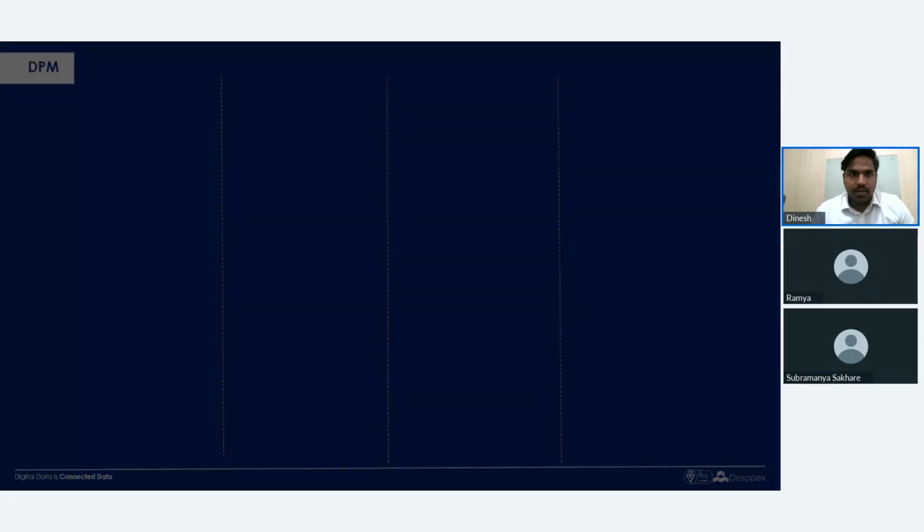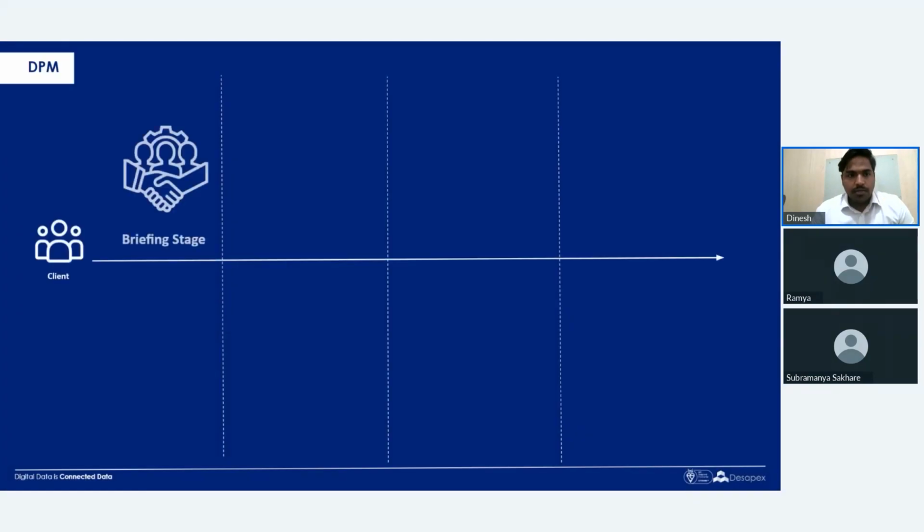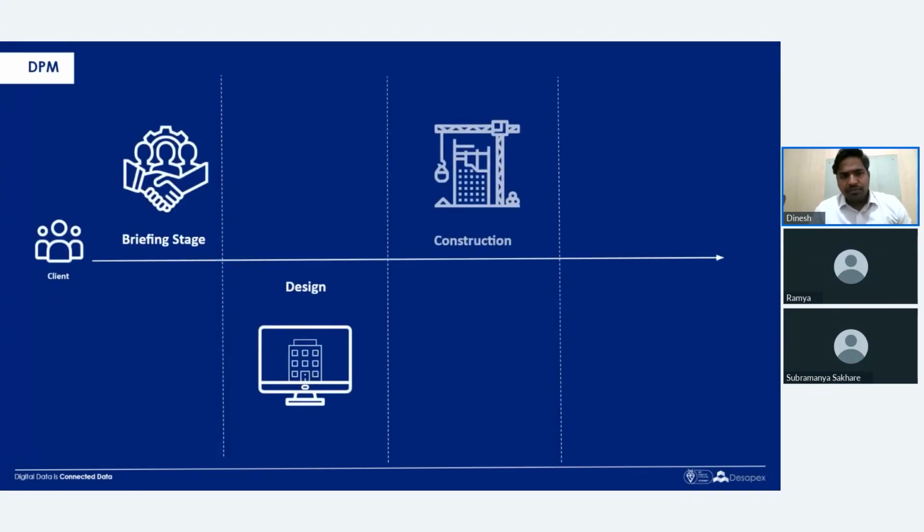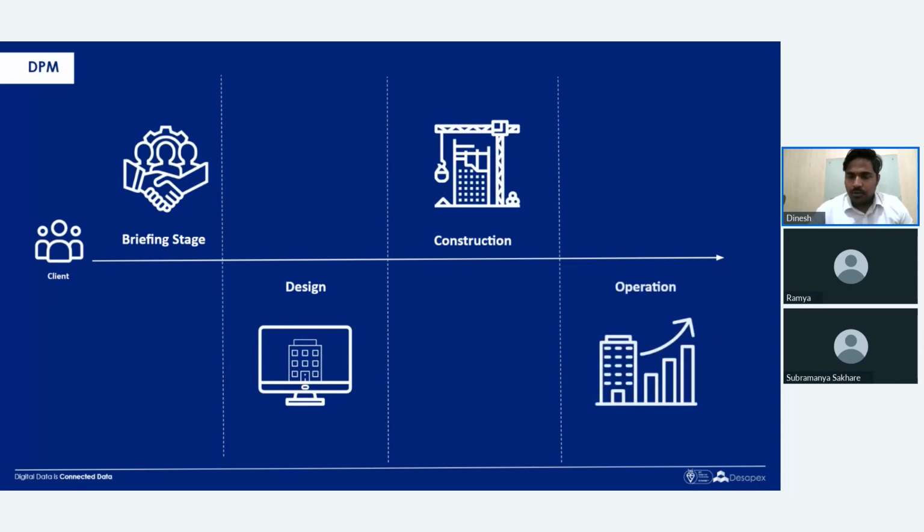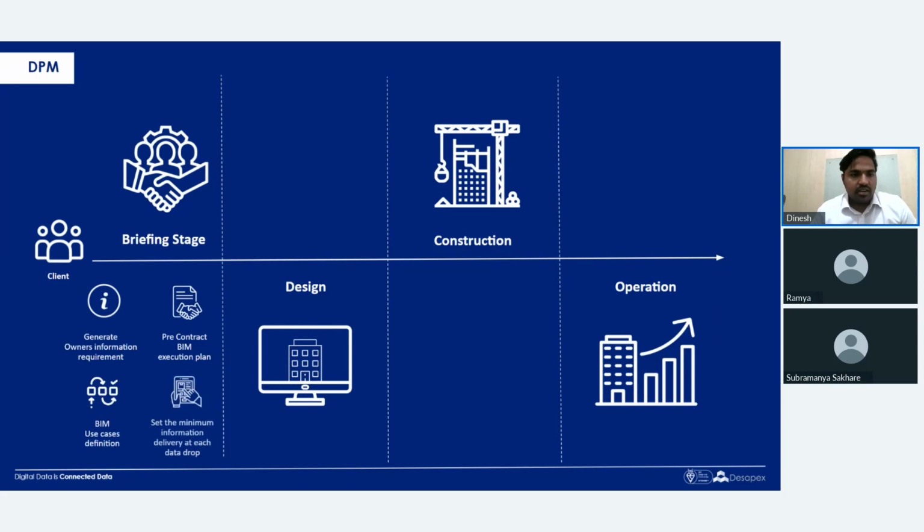And then when it comes to digital project management, we provide this throughout the project life cycle, starting from the briefing stage where we set up the entire information requirements, BIM execution plans, and use cases that are defined per project, or what are the goals that we need to achieve for this particular project.